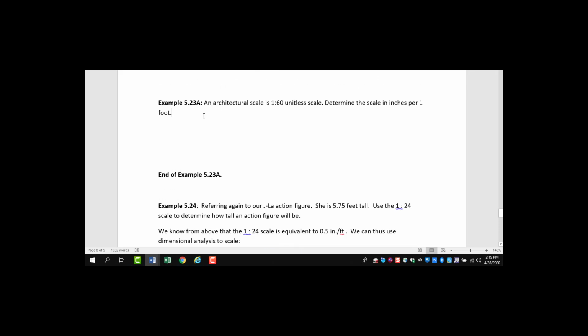I'm going to start with the 1 inch to 60 inches, and that's going to equal 1 inch to how many feet. I'm just going to turn 60 divided by 12 and I get 5 feet. Or you could do it by dimensional analysis or however you want, turning 60 inches into feet.